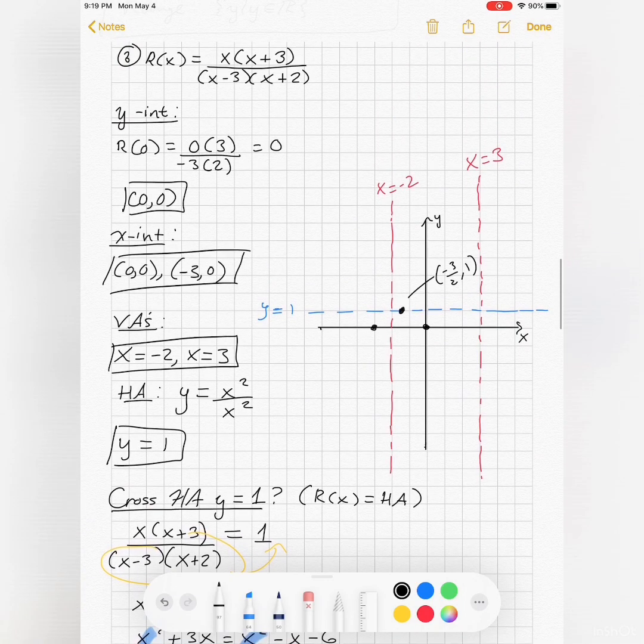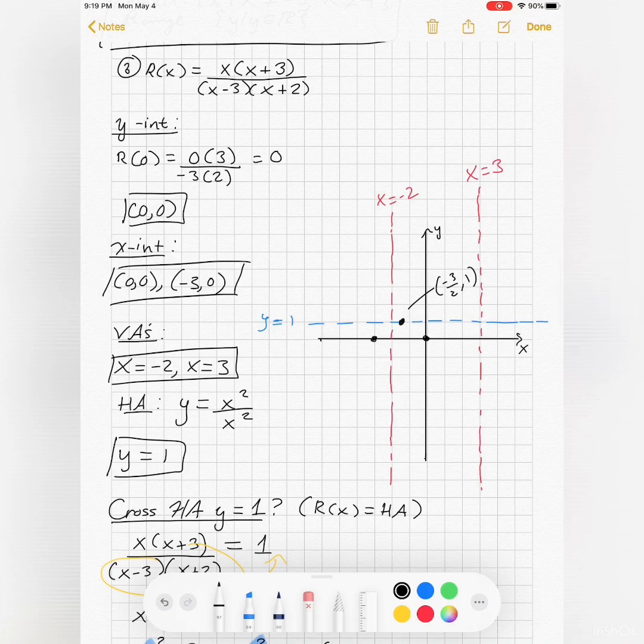All right, so then let's see if we can fill this guy in. Everything has a multiplicity of 1. So at the x-intercept, the graph crosses. If I zoom in close, I see a line. So if I connect these two points, I have to cross that intercept at 0.